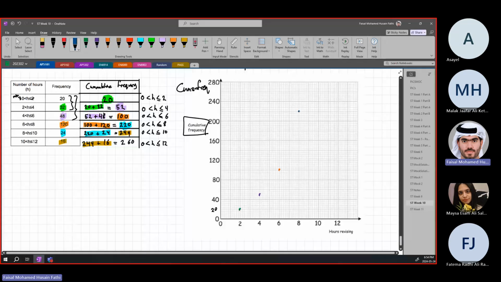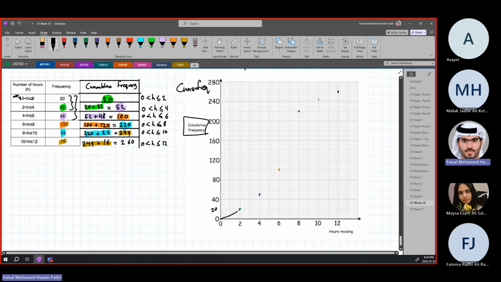The next one after that is 244, which is the brown dot over here. At 10, 244 is somewhere about here. And the last one is 260 for 12. And then you are just going to combine all these lines starting from 0.